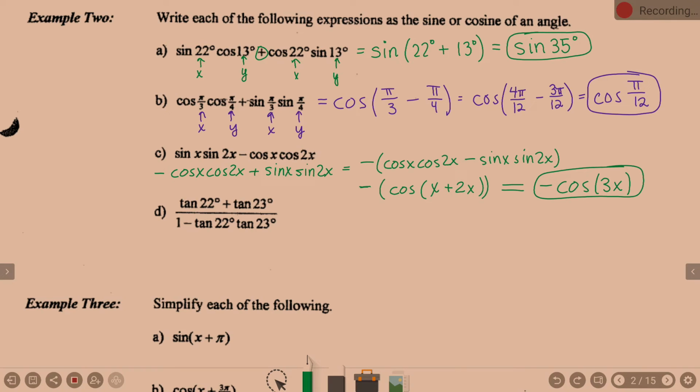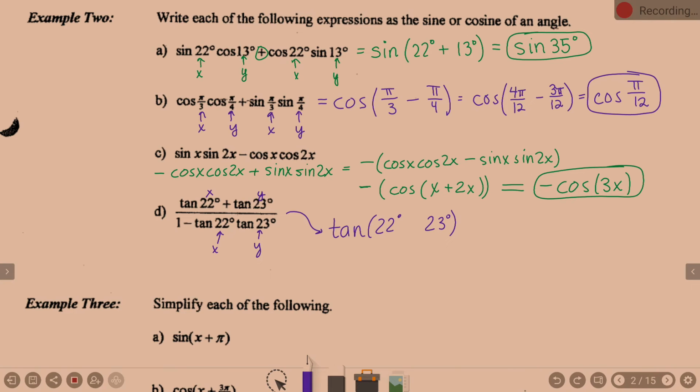Okay, next one. What do we know? Tangent. Is it fairly obvious it's tangent? Yes, it's the form. So I'm going to say tangent. What are my x and y values? 22 degrees and 23 degrees.